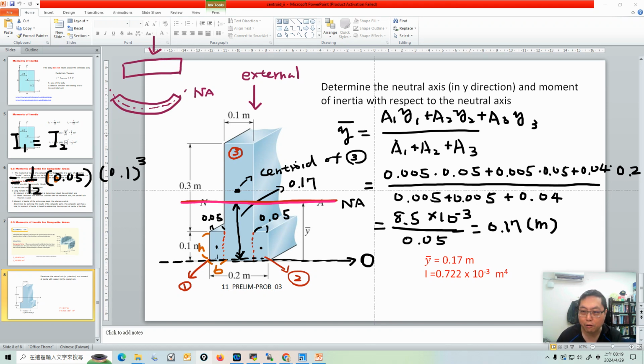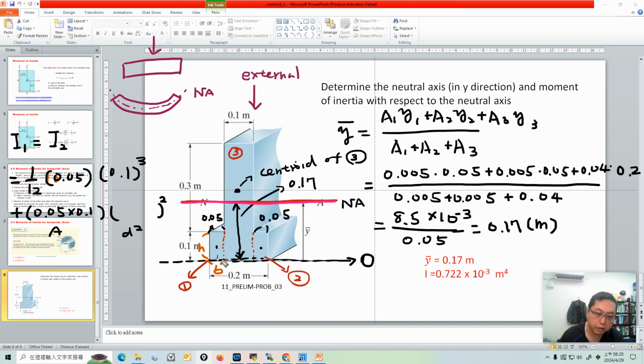We have to use the parallel axis theorem, and we have to add the area times d squared. The area of 1 is 0.05 times 0.1. This is your A, and you have d squared.